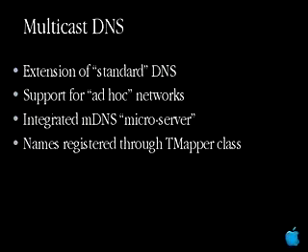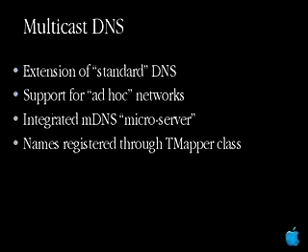Okay, multicast DNS I already talked a little bit about. It's an extension of standard DNS that's being worked on in large part by the IETF, being led by one of our engineers here, Stuart Cheshire. Again, it's intended to support ad hoc networks. It's solving a similar problem to dynamic DNS, but not in at all the same way.